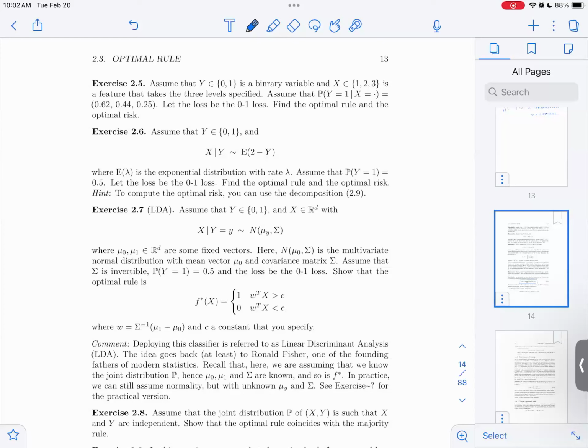You also pool all the data together to get an estimate of the covariance matrix, and you plug it in here. So W and C you can figure out based on sigma and mu, and you can implement this in practice.